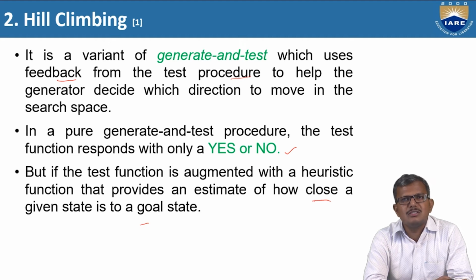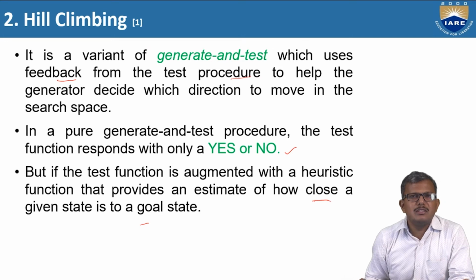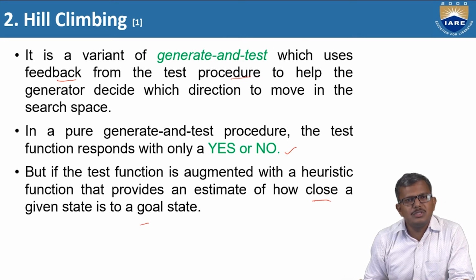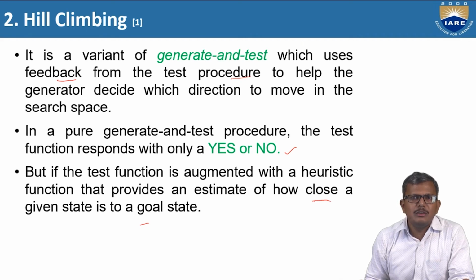But in this heuristic search technique, or hill climbing process, we are implementing the heuristic function, so it is not a blind process. Why? Because we follow a systematic approach, and the heuristic function gives us a value, which can be a weight, a cost, or a distance. By taking the help of those values, we are moving towards the goal state.